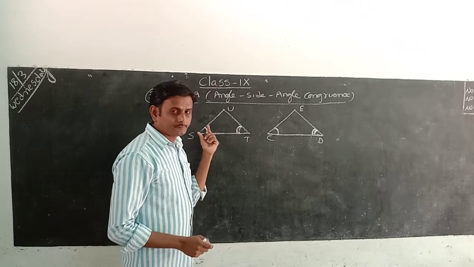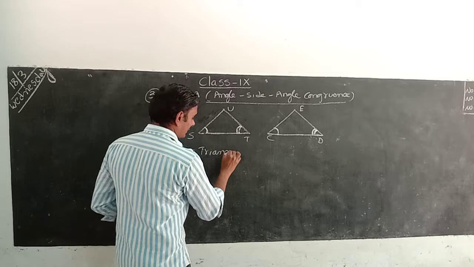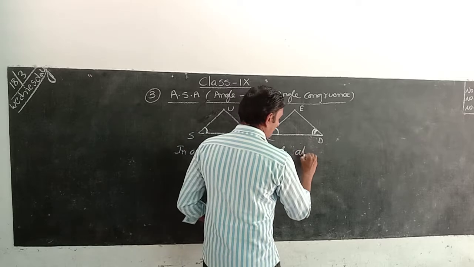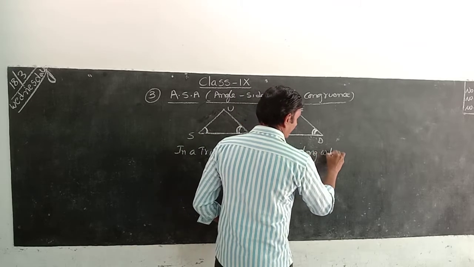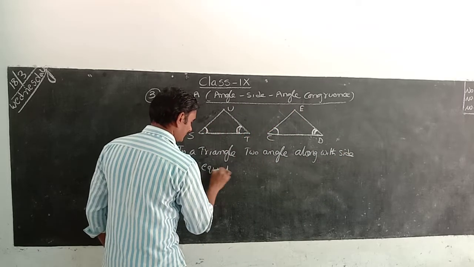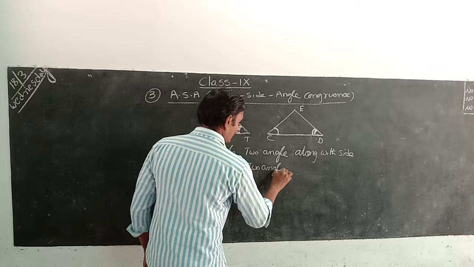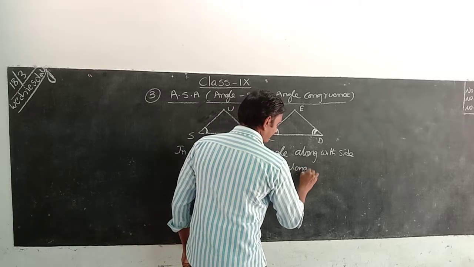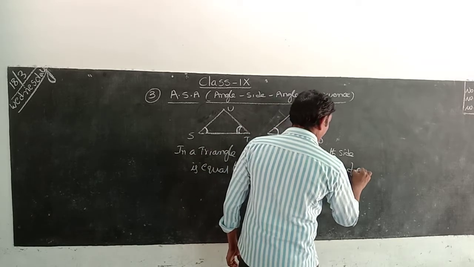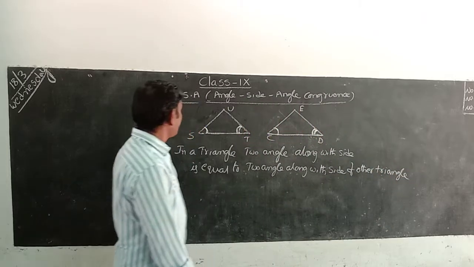In a triangle, what is the definition? In a triangle, two angles along with the side is equal to two angles along with the side of another triangle. This is called the ASA criteria.